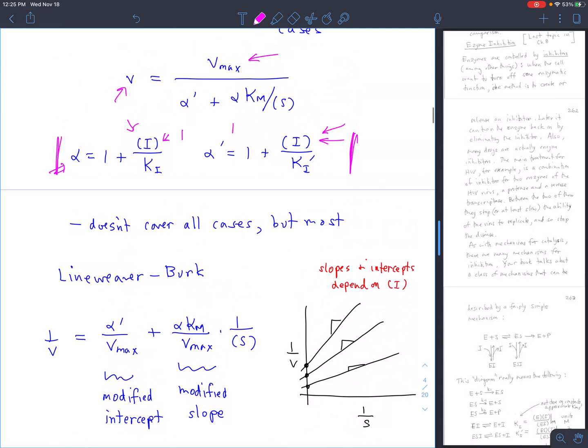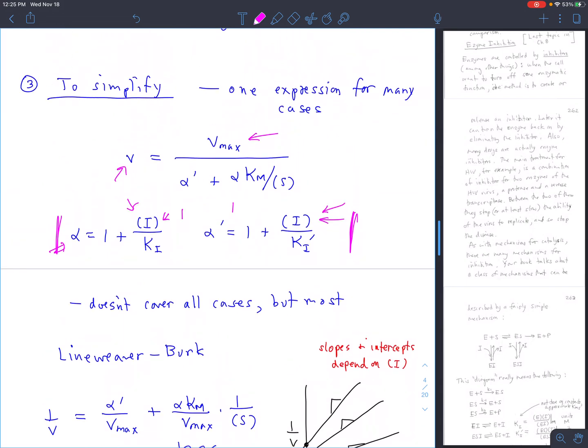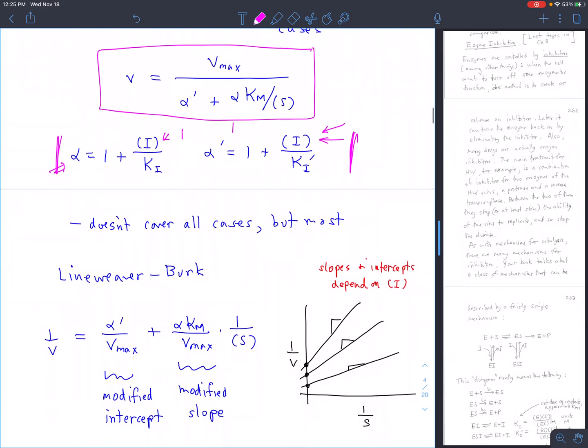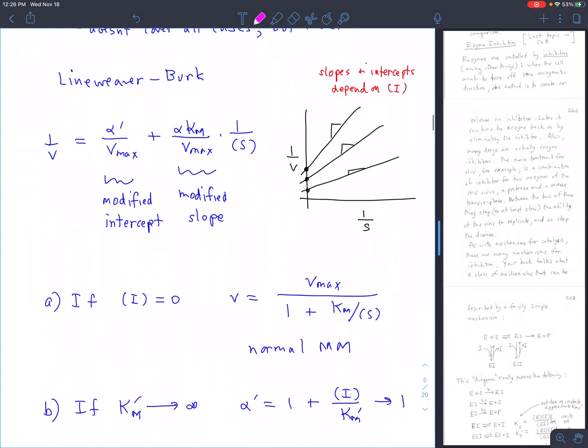All right, so this is going to be what we're working with from now on, this expression. And it's easy to remember. If you remember Michaelis-Menten, you can remember this. And these are not hard to remember either. So it's a nice, fairly general way to include inhibition, basically within the Michaelis-Menten envelope of ideas.